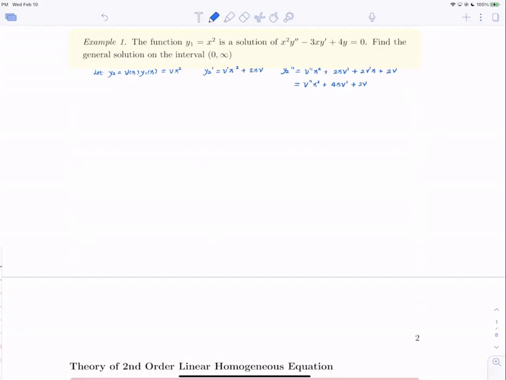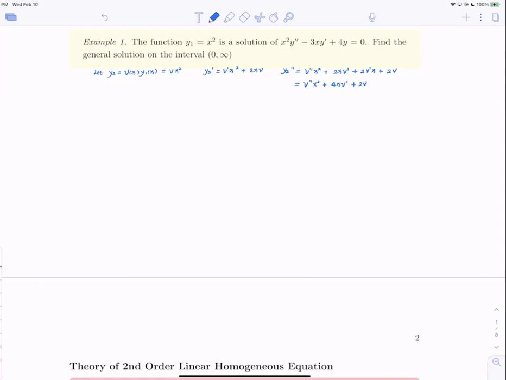Okay, so basically, as I mentioned before, we let y2 equal an unknown function v times y1, and you compute y2 prime and y2 double prime and plug those back into the ODE.